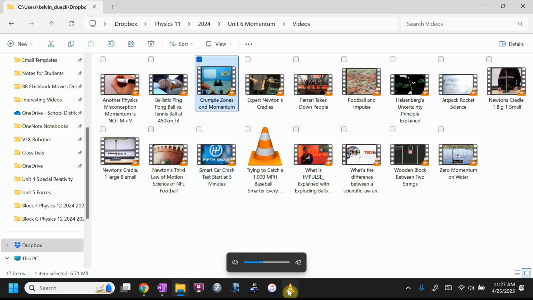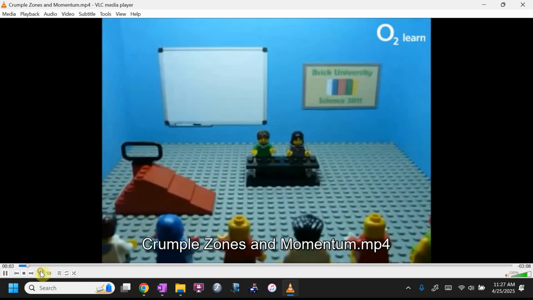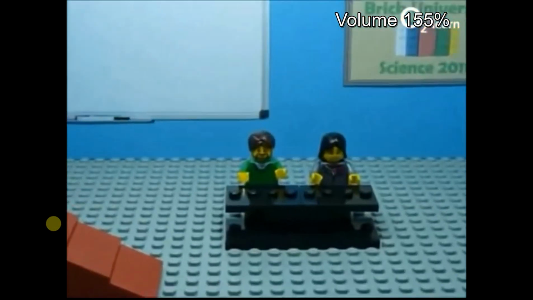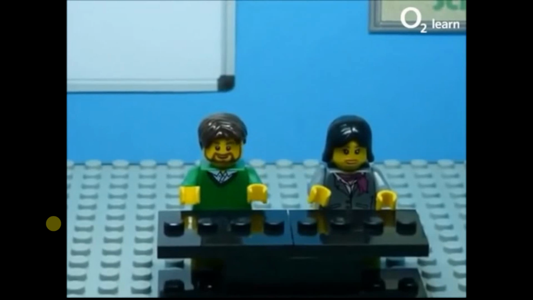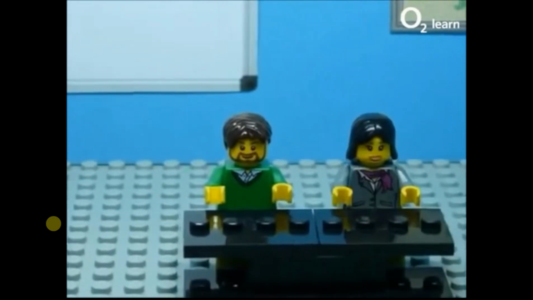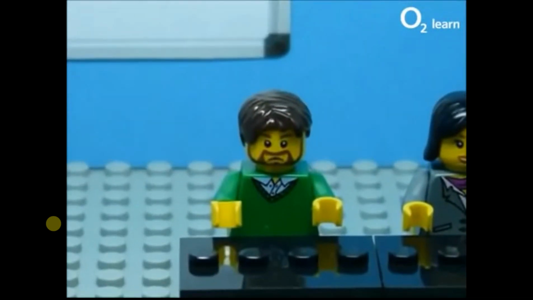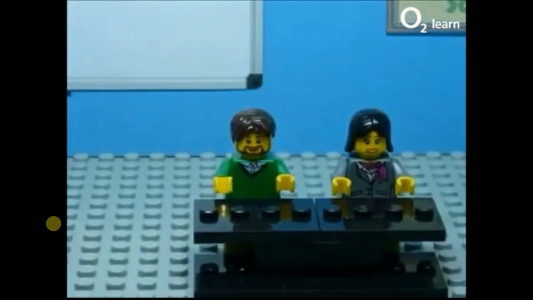Hello and welcome to today's lecture from Brit University. Hi, I'm Nick. And I'm Jane. Today we're going to look at momentum and how we can use this to understand why we need crumple zones in our cars. Let's start off by looking at some theory on the whiteboard.